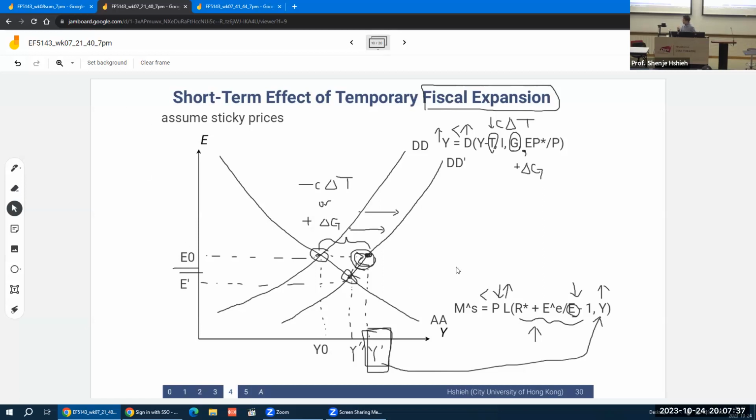Maybe I just walk through it one more time, just to make sure everybody understands the sequence of logic and how fiscal policy works under the AADD framework. So what we try to do first was we try to conduct a temporary fiscal policy. Temporary means nothing happens to expectations. Fiscal policy expansion refers to two things, namely tax cuts or government spending.